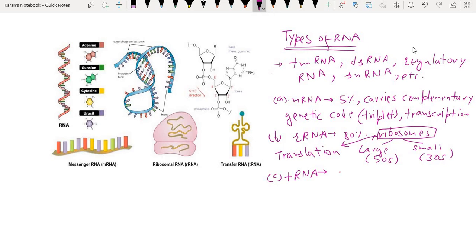Then comes the tRNA. You can see the structure here as well. It is having a clover leaf-like structure, and this tRNA consists of around 75 to 95 nucleotides.